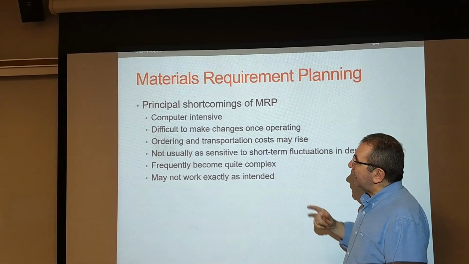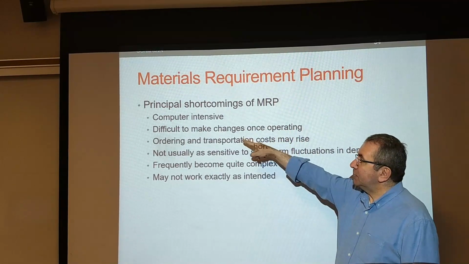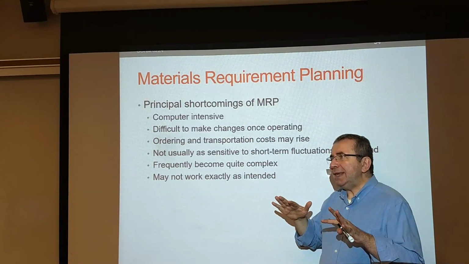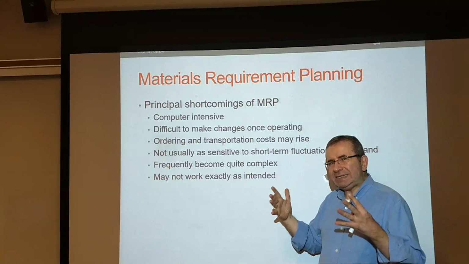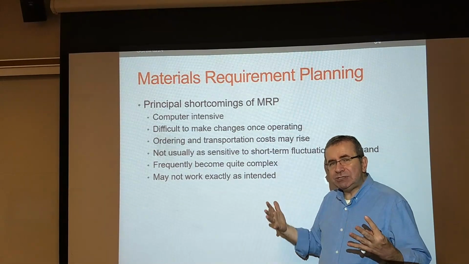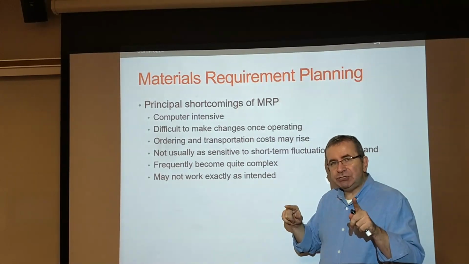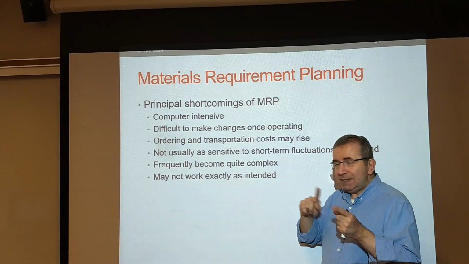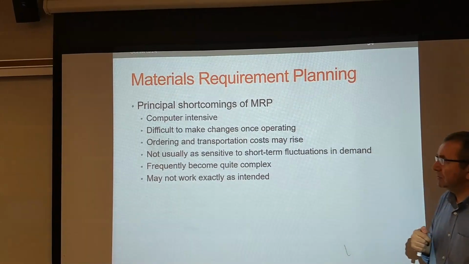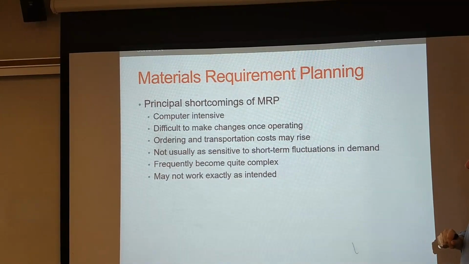And once you make MRP work, it's difficult to make changes, because if you imagine you're making, let's say, hundreds of SKUs for which you may need thousands of raw materials. Once you establish those relationships, it may be difficult to make changes afterwards without breaking all these relationships.